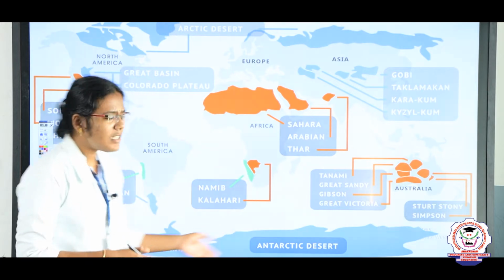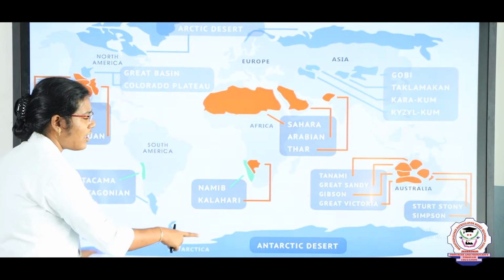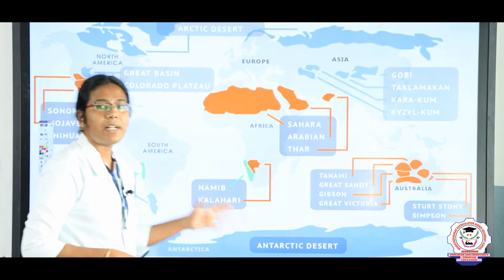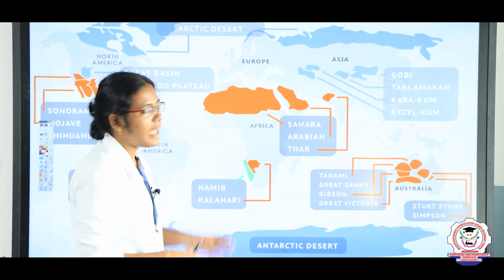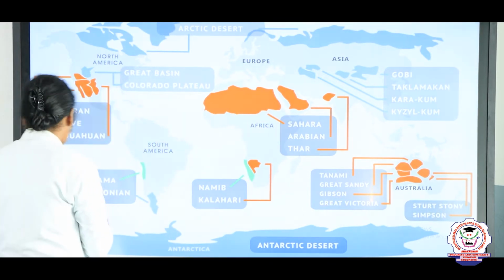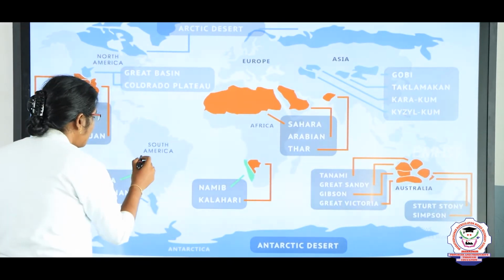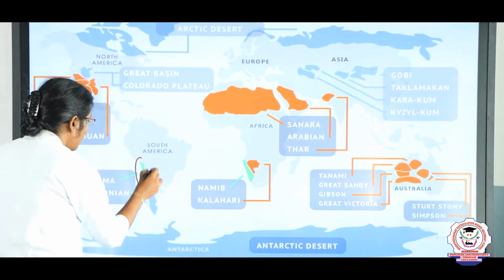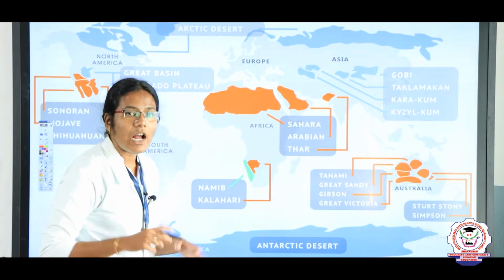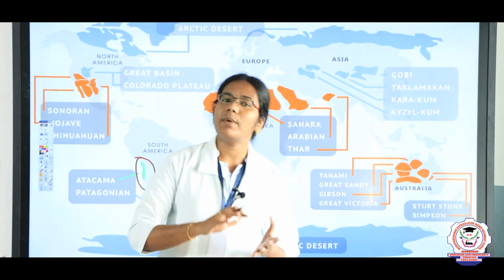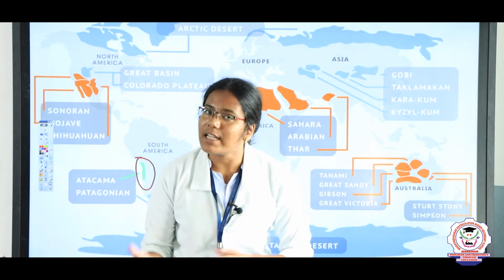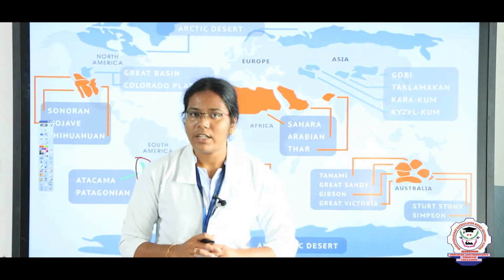Yes, look at this, children. This picture refers to the deserts present in our world. The shaded part indicates the desert regions. Here, listen children. This region indicates the cold desert. In our world there are hot deserts as well as cold deserts, right?